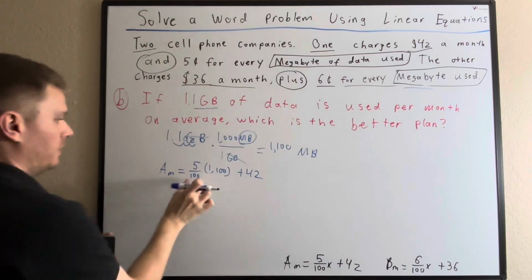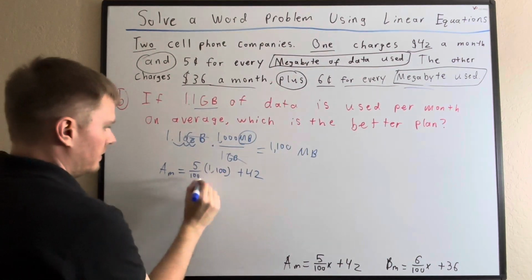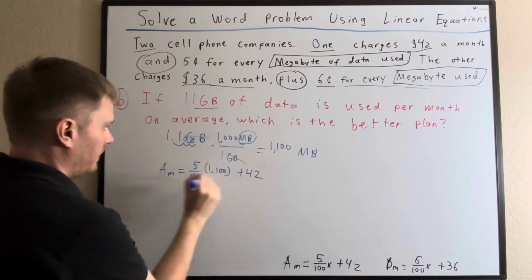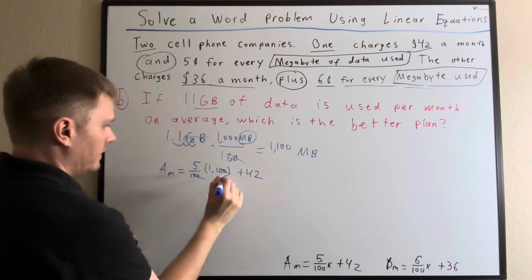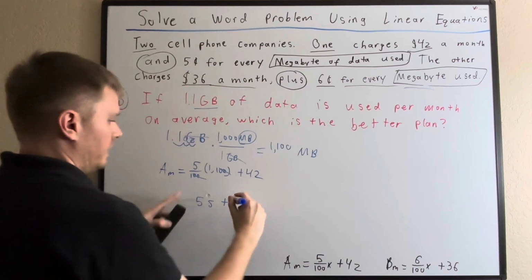Whew, okay, well, I'm glad I changed this to a fraction because this makes it a little easier, right? Because you can kind of divide that out, right? So 1,100 divided by 100 would just be 11, right? 5 times 11 is 55 plus 42.